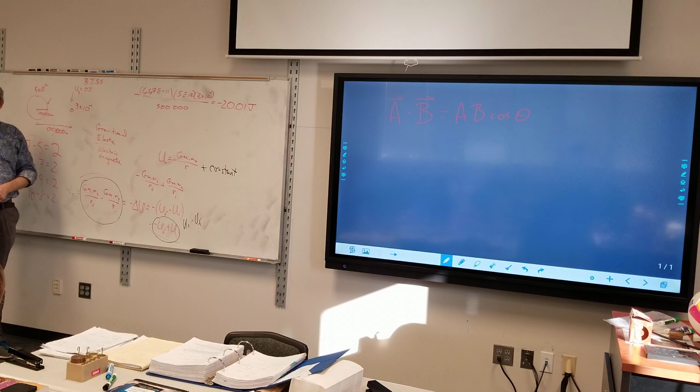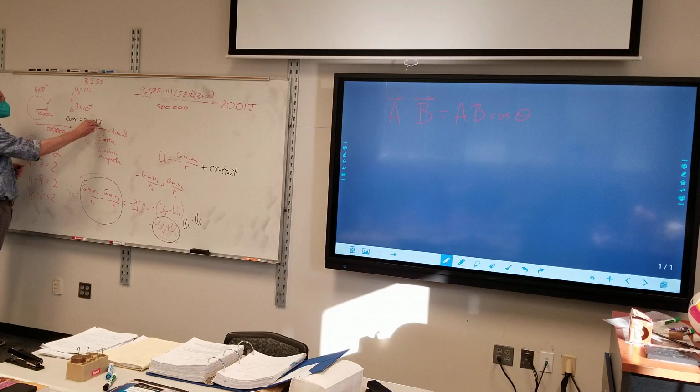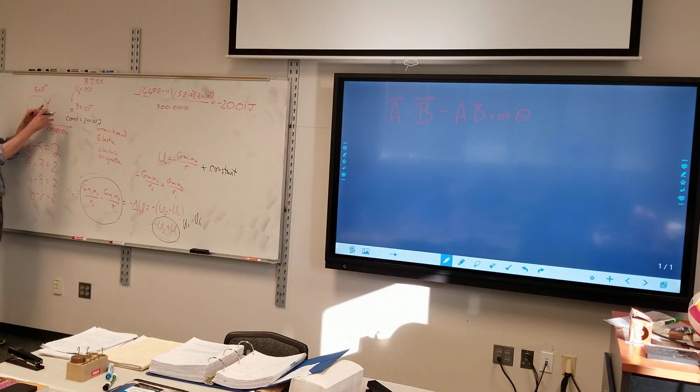Since I went 0 here and I got that, the constant here would be 20.01 joules. So now I recognize that my formula for this problem is negative big G mass 1 mass 2 over R plus 20.01.